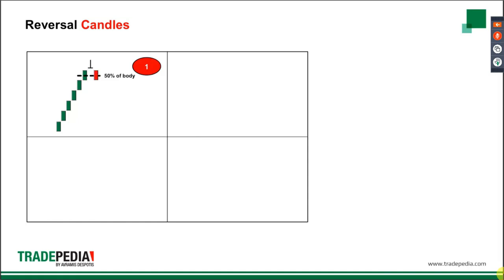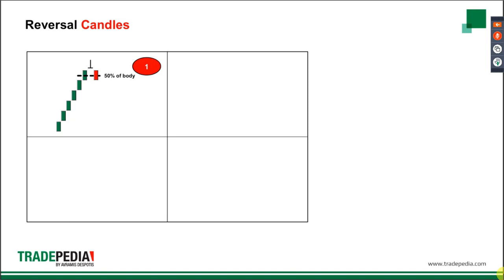First, you have a doji at the top, or rather a hammer. It shows there's a lot of uncertainty because the body is really small. And the bearish reversal candle is a candle that closes 50% below the body of the last bullish candle. In this way, you have the reversing price action of the last green candle. This is one example.